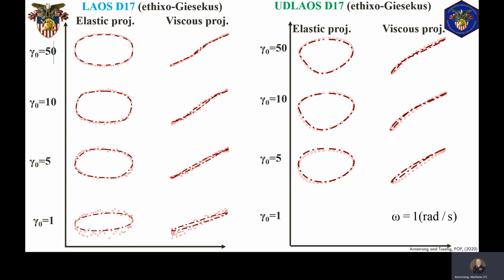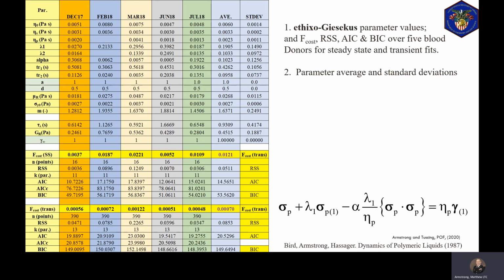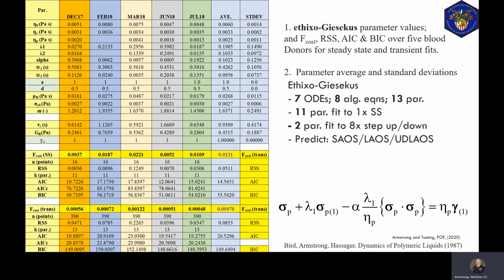And here are the predictions of the large amplitude oscillatory shear and unidirectional oscillatory shear experiments using the enhanced thixotropic Giesekus model. And here's the final roll-up of the cost functions of steady state and transient parameters. And at the top, we see the average values of all the rheological parameters.